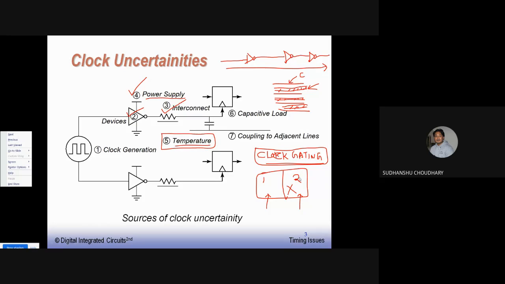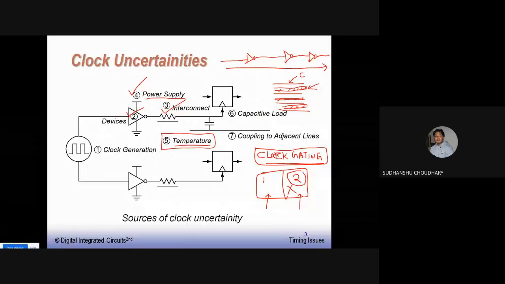So the devices in this portion and this portion will have different threshold voltages, because the threshold voltage Vt of a device depends upon the temperature, and also the electron mobility of a device depends on temperature.